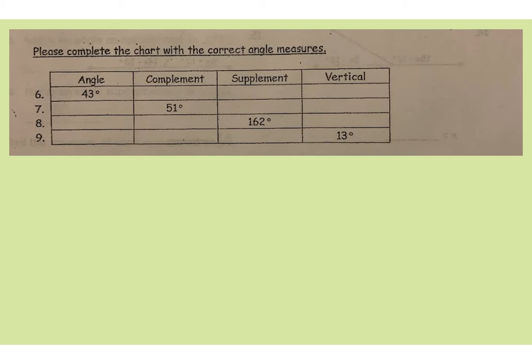If you have a 43-degree angle, what would its complement be? How would you find its complement, Neil? Good. You do 90 minus 43. And its complement is the 47-degree angle.